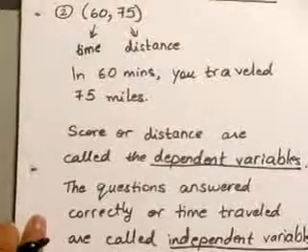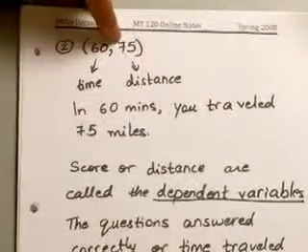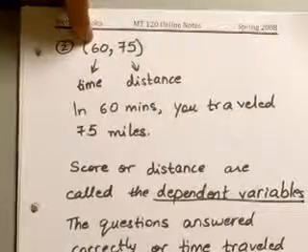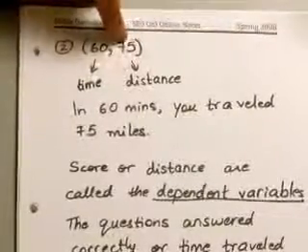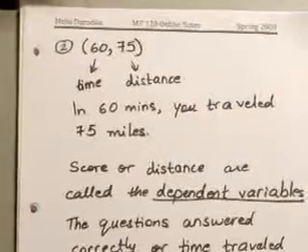If you look at our second example here, we had the distance traveled will depend on how long you have been traveling, your time. So this is your dependent variable and this here will be your independent variable.